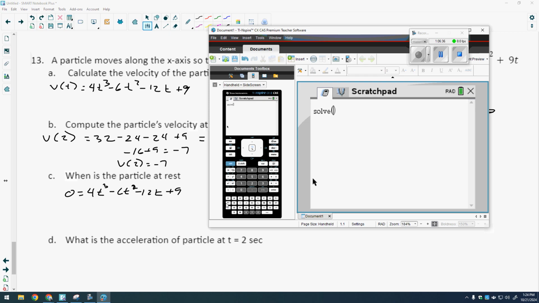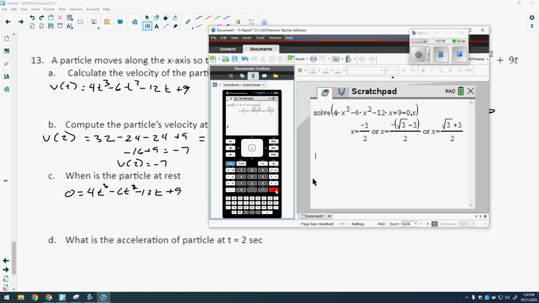We're going to type in 4x raised to the third power, get out of the exponent, minus 12x squared, hopefully the bell doesn't ring while we're talking, plus 9 equals 0, comma, x, hit enter, and I get that big mess.